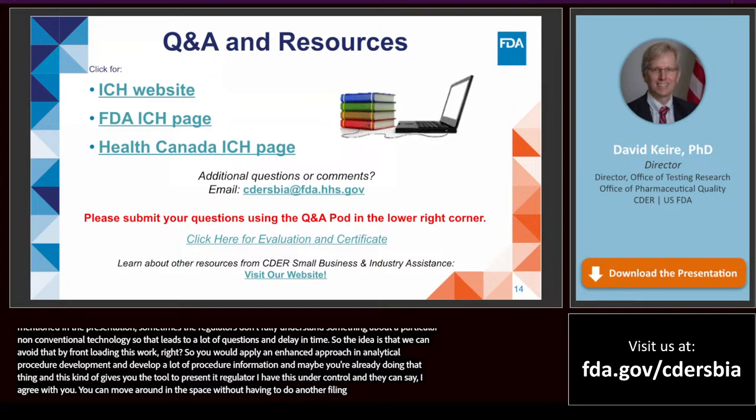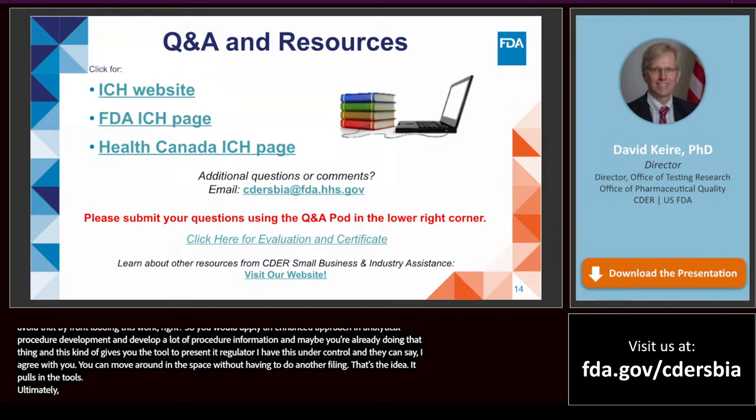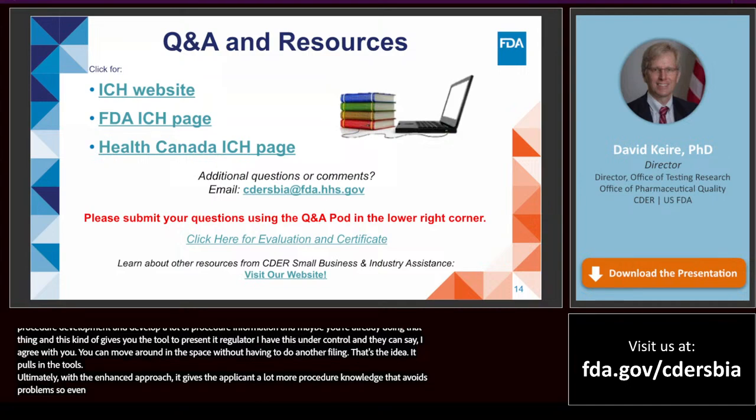And so that's the idea. That pulls in Q12 tools, but again, ultimately, the enhanced approach gives the applicant a lot more procedure knowledge that can avoid problems, right? So even if you don't submit anything to the regulator, it's still going to help you. That's my point of view. So thank you.